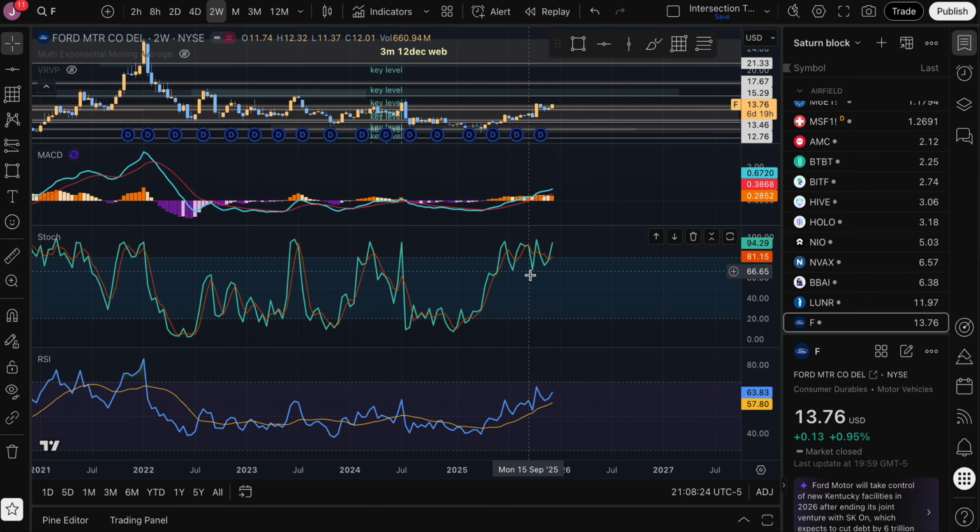Even though this is dancing up in the overbought area at the moment, it still looks like it has quite a bit of strength and could break out. And same here. So I'd call this a 5, as I said.